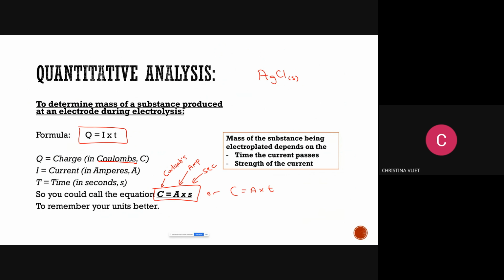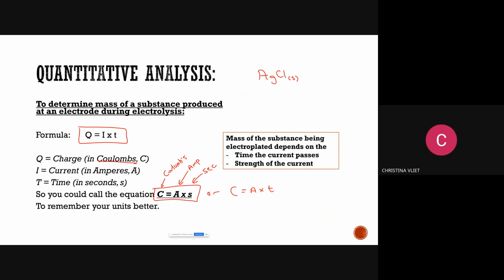Maybe over a very long period of time you'll get what you want, but then how much energy are you using with the battery to make that happen? Yes, it can happen, it's just not ideal. You'd rather use something like silver nitrate, which is soluble in water and will readily plate.